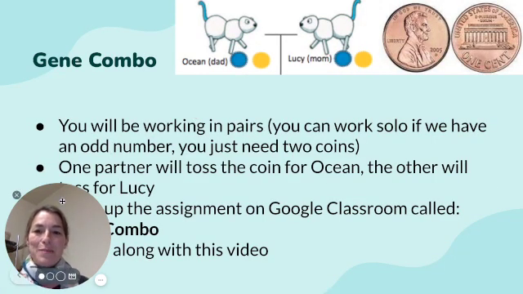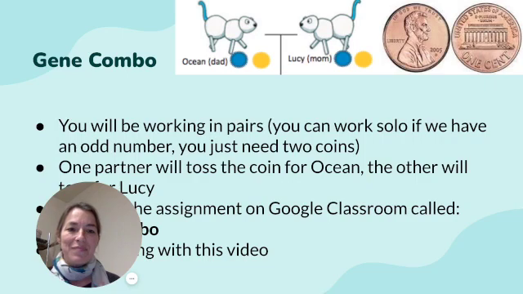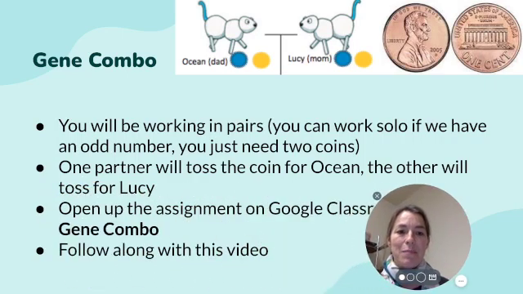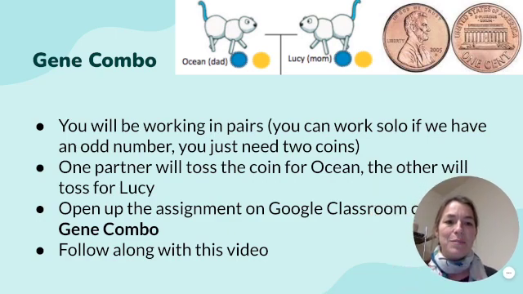So we're going to do an experiment today. Really, it's more of a model. When I say model, we're going to be using some coins to figure out the probability that Ocean and Lucy will have the kind of offspring that we saw in the story. Today we are going to be working in pairs, or if there's an odd number of students, you can work solo.